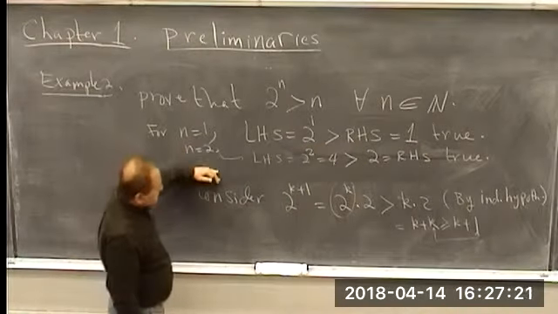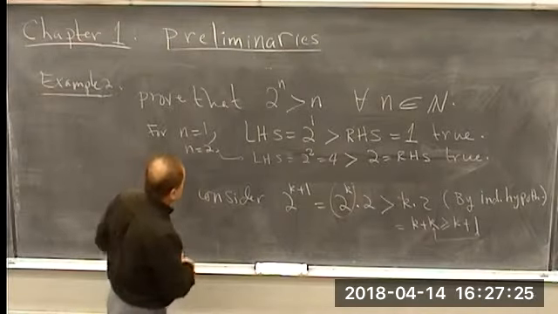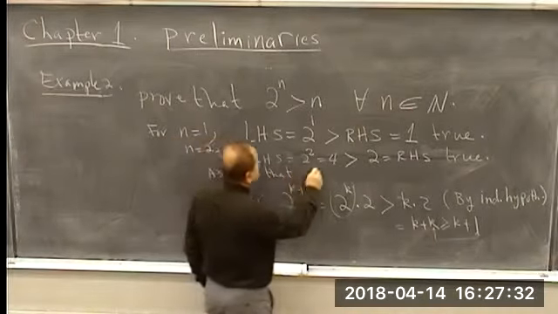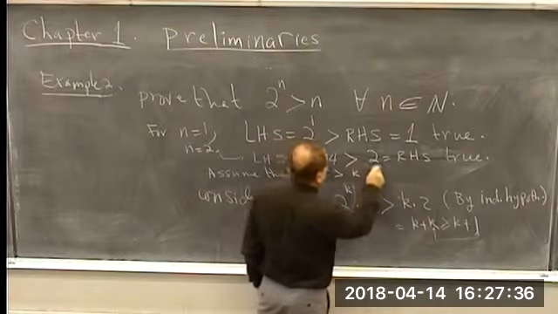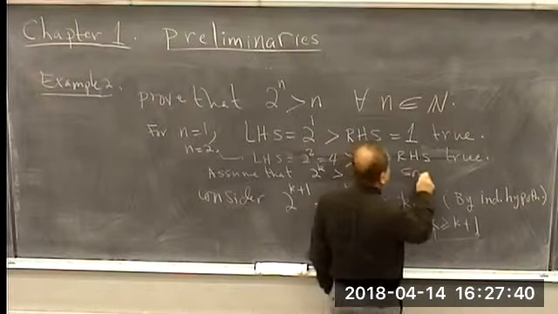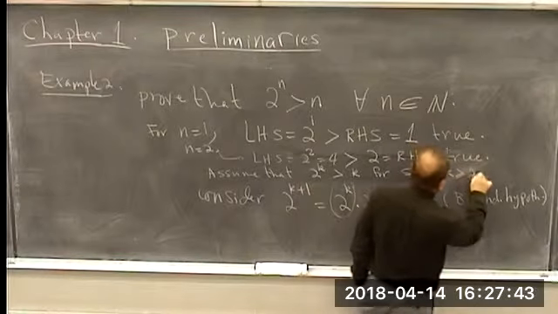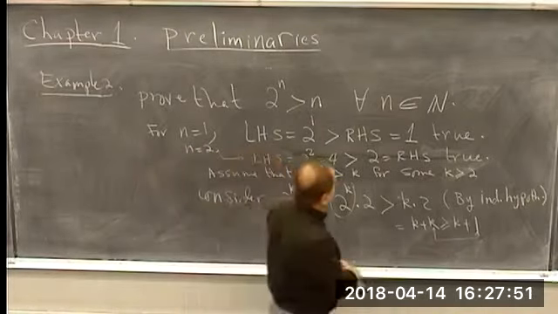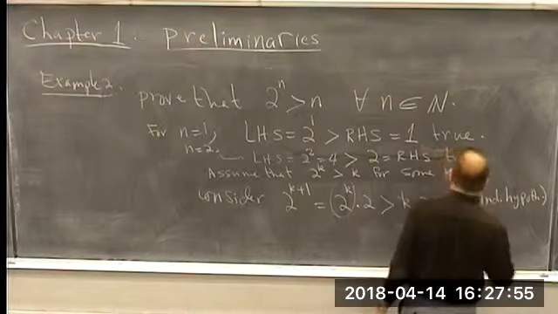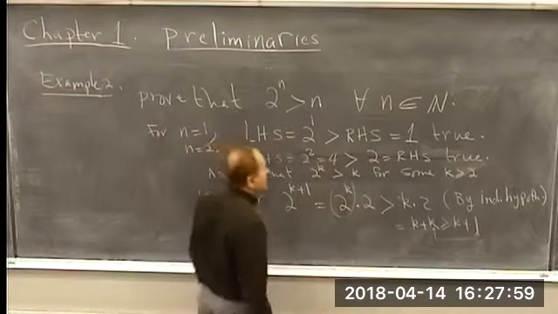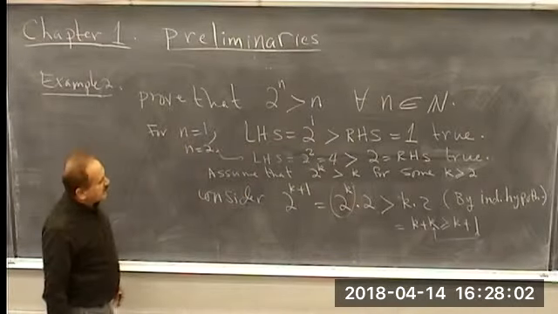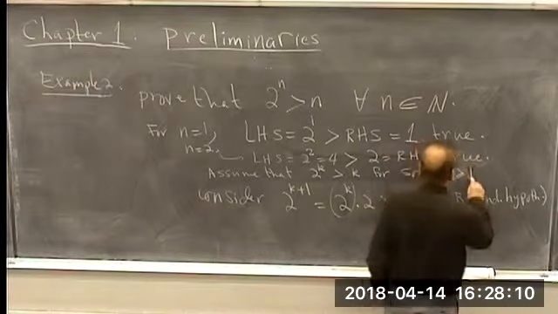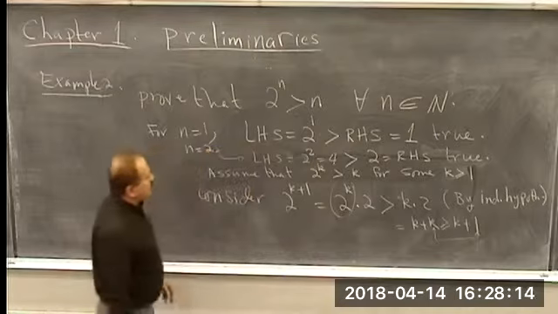Now, in our inductive hypothesis, we can say that, assume that 2 to the power k is bigger than k for some k bigger than or equal to 1. In particular, it's true for 2.